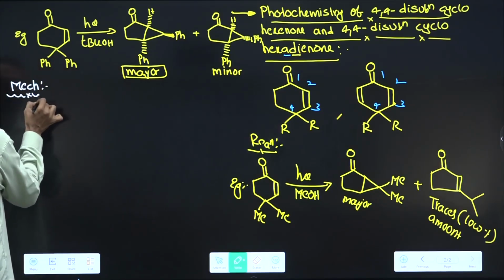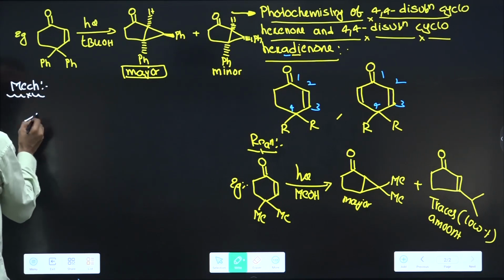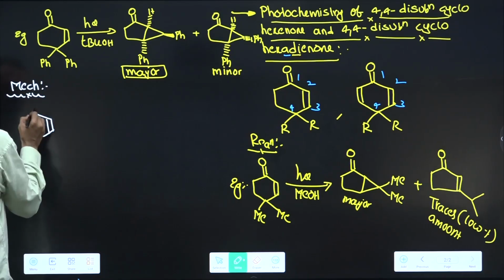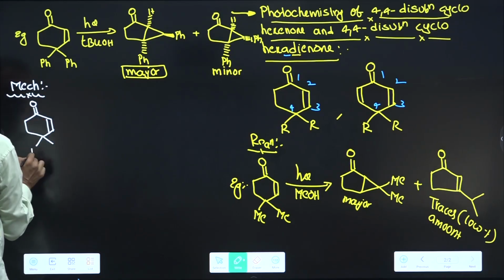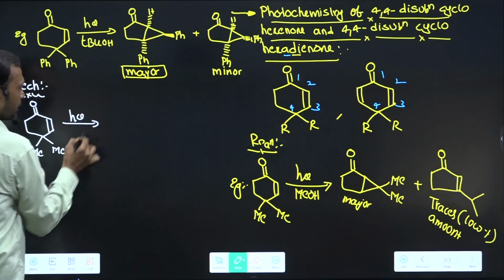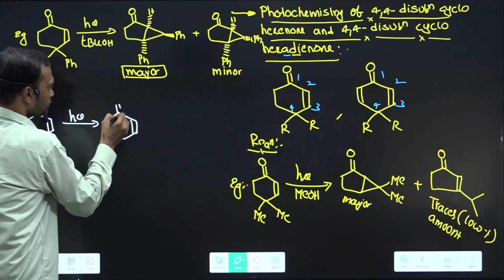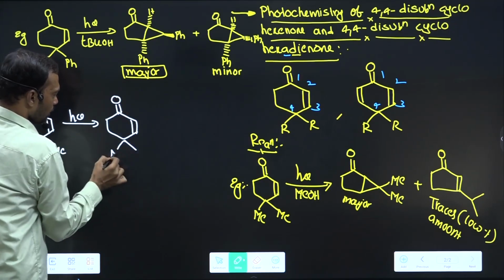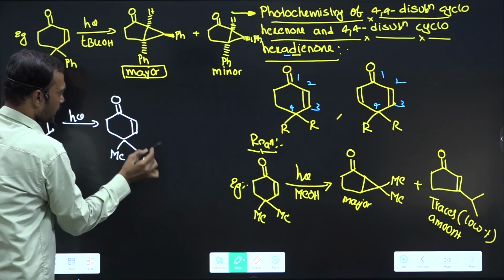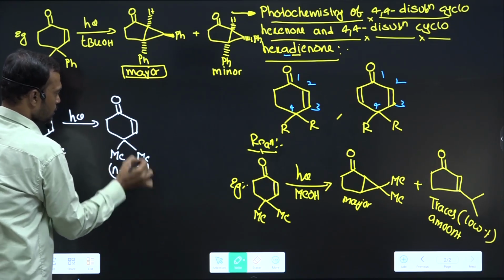Mechanism, see. First I am writing two saturated groups. Here it is methyl and here I am writing methyl. Photochemically excited. When photochemically excited, what is your answer? Here it is methyl and here it is methyl. So it is n to pi star singlet, this one.